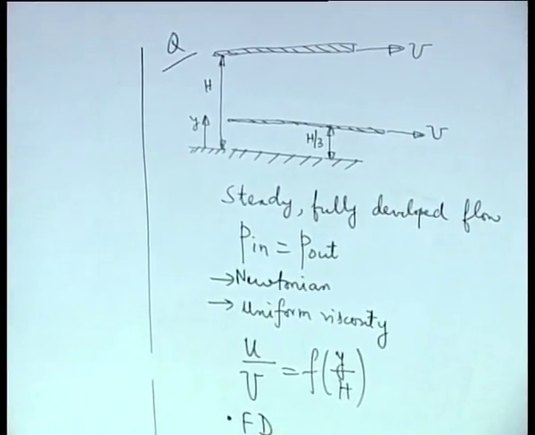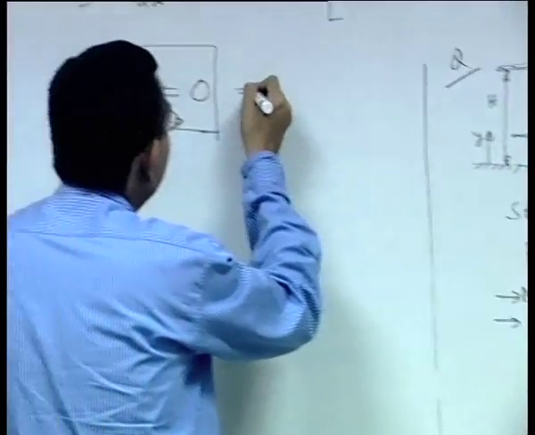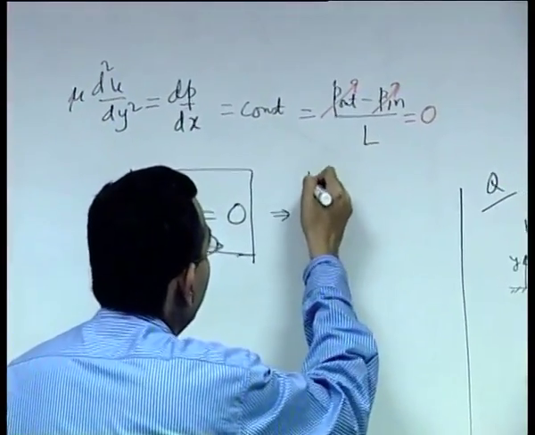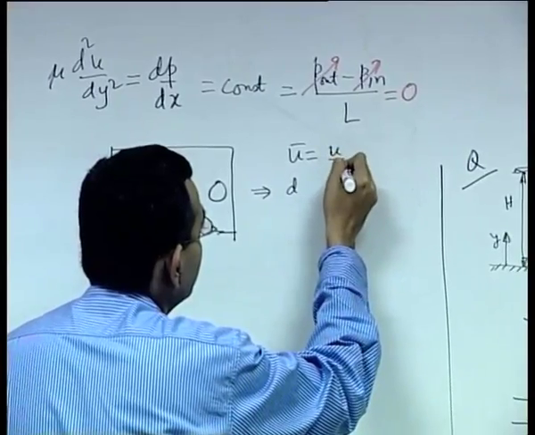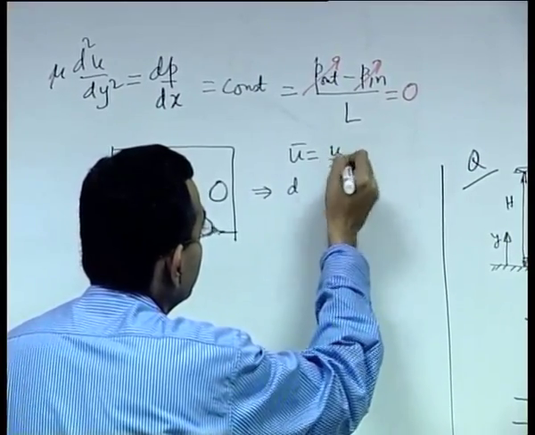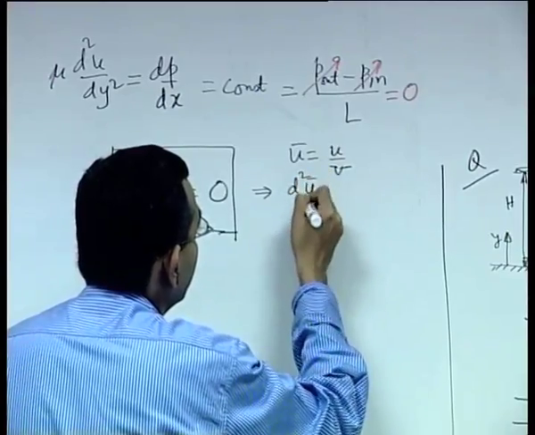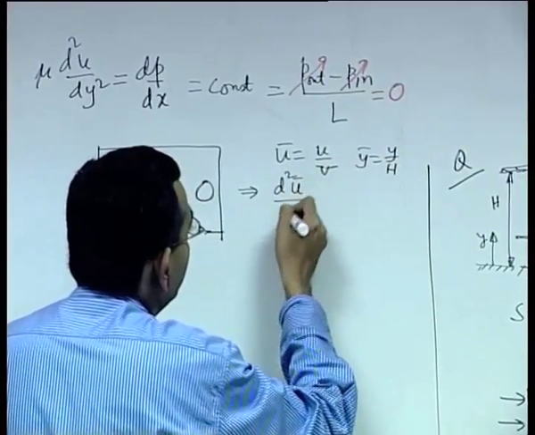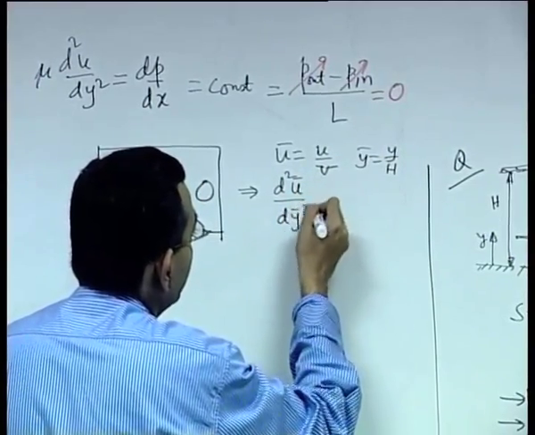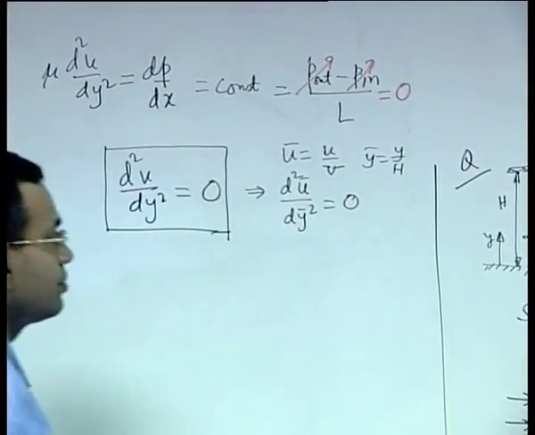and you can normalize this by writing a non-dimensional u. So, define u non-dimensional as small u by capital U and y non-dimensional as y by h. So, d2u dy non-dimensional square equal to 0.